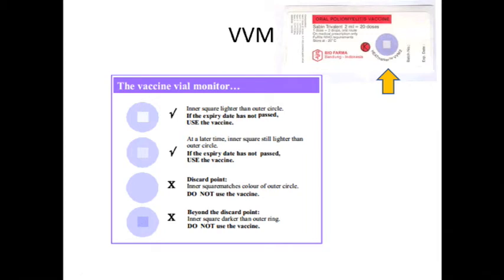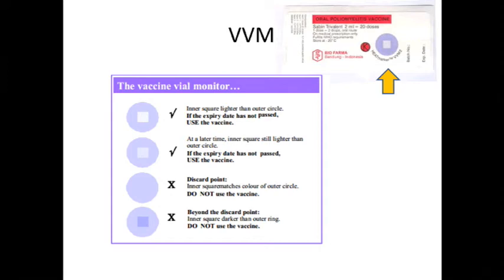If the inner square remains lighter than the outer circle, and if the expiry date has not passed, of course, we have to use vaccines which have not passed the expiry date, otherwise there is no point in using them. That's the first criterion to use any vaccine. So in case of poliomyelitis vaccine, if the expiry date has not passed and if this inner square is lighter than the outer circle, it means that the temperature has been maintained appropriately, so you can use the vaccine, which is shown by a tick.